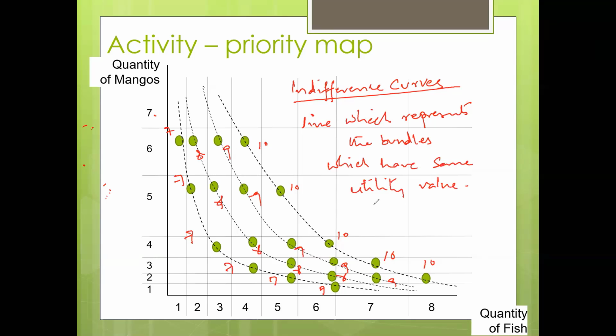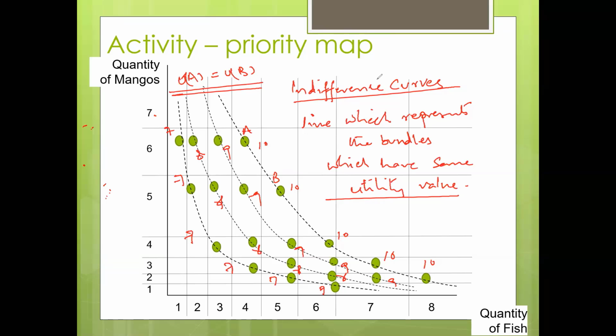So why do we call it indifference curves? Because if you ask a consumer to buy this A bundle or a B bundle, for him they both are equal. So utility from A is equal to utility from B. So he cannot decide which one is better because they are giving him equal happiness.